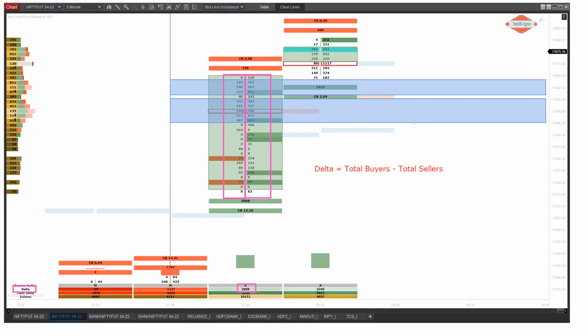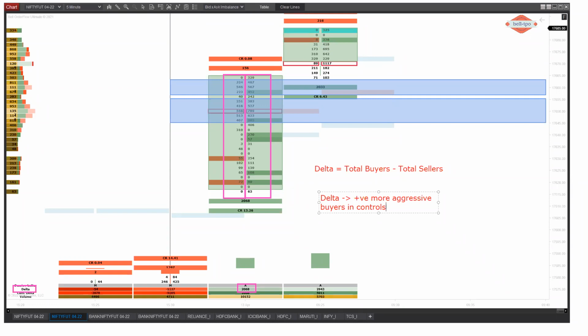Delta value can be either positive or negative. If the delta value is positive, that means more aggressive buyers are in control compared to the sellers. That means there is aggressive participation from the buyers.